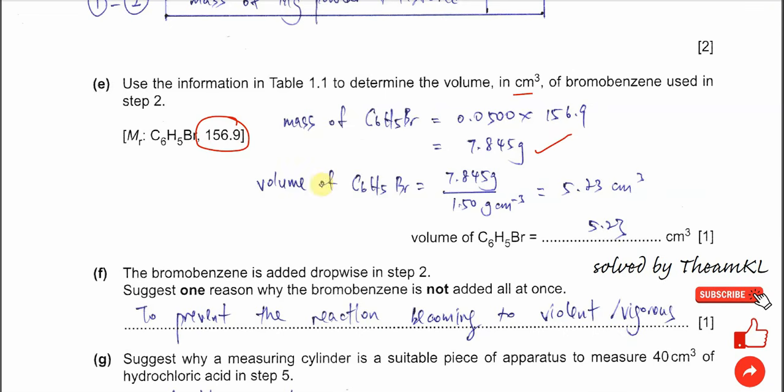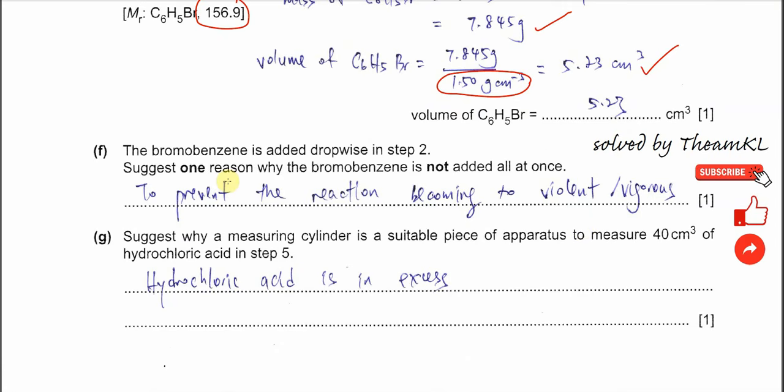For the volume, you need to use the density, which is given in the table. So use the mass calculated just now over the density, and you get 5.23 cm cube. That's the volume of the bromobenzene used in step 2.